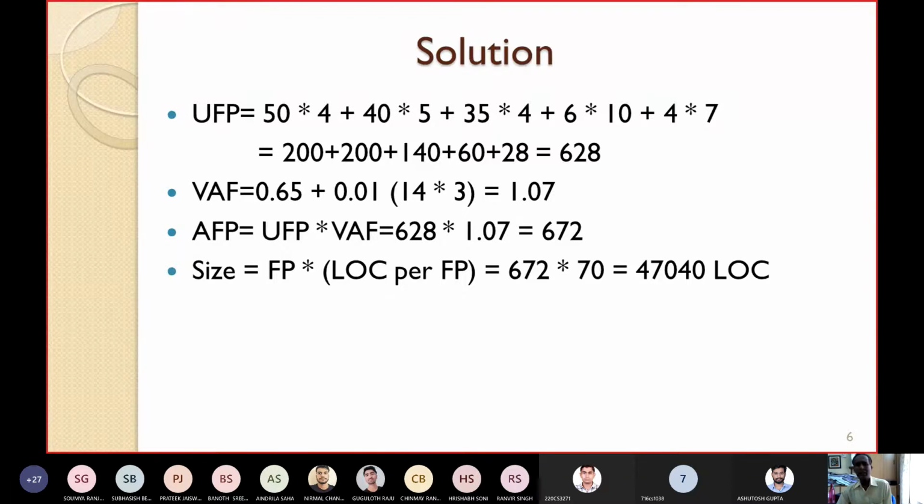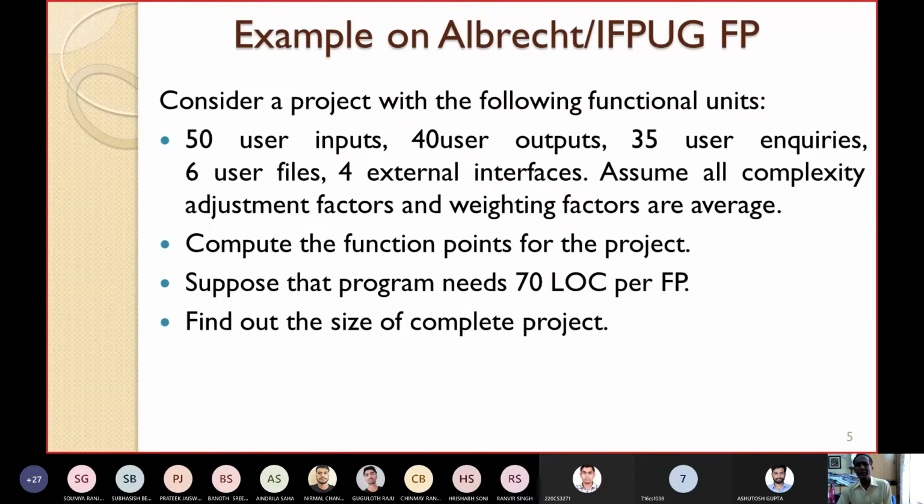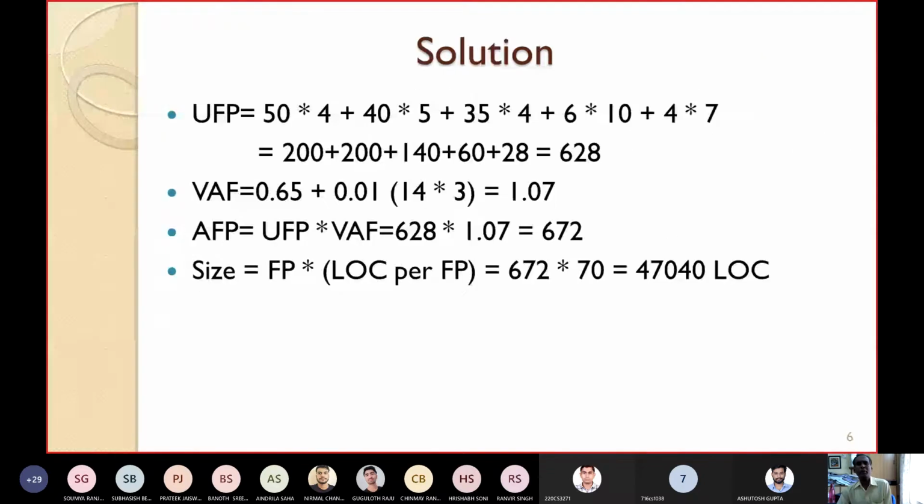Why I have taken these, because here it is already written that these are average. From the table I have chosen the values of the constants. For input 4, for output 5, and like this, these constants you will take. So it's a simple equation. The value is coming to be 628. So the unadjusted function point is coming to be 628.